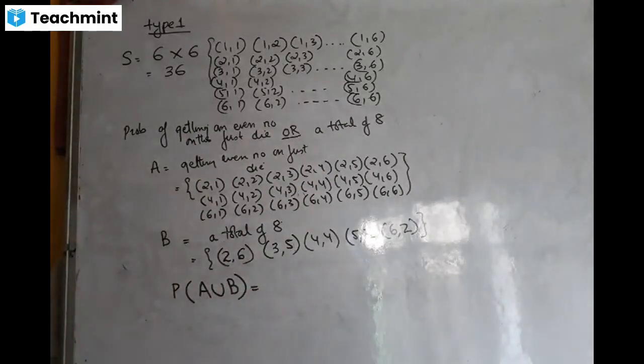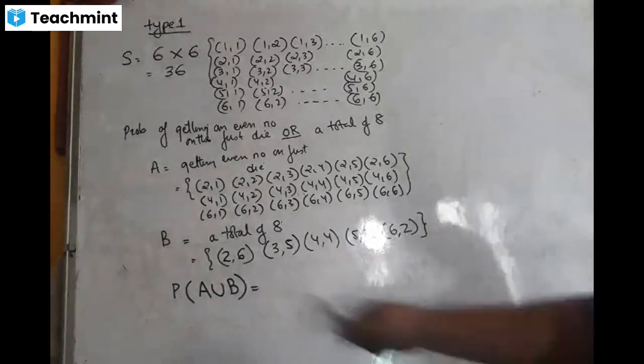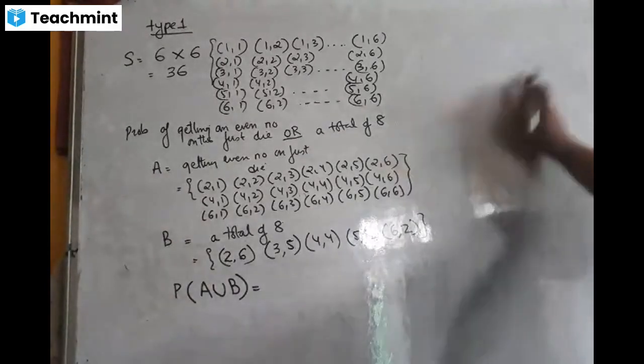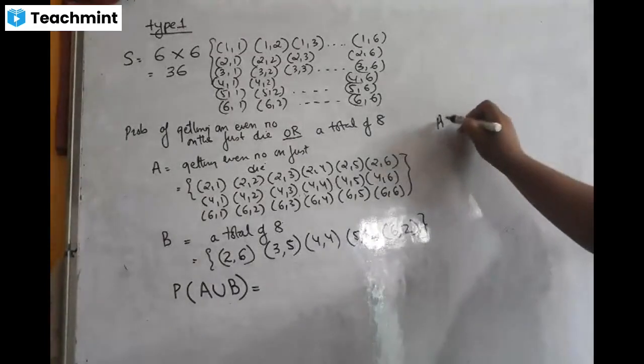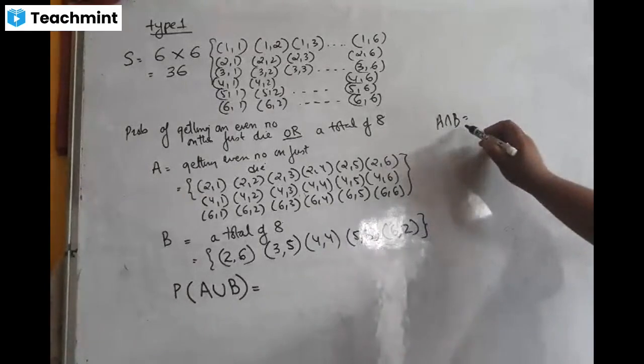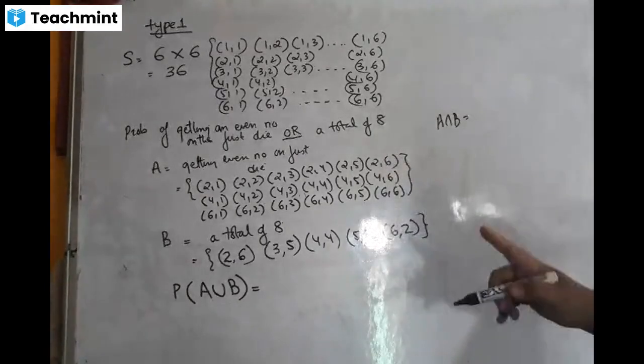Now, as you know, there are two formulas to calculate the probability of A union B. Whether to use the first formula or the second formula will be decided by whether A and B are mutually exclusive or not. So what you have to do next is find A intersection B. If there is nothing common between them, we say that they are mutually exclusive.